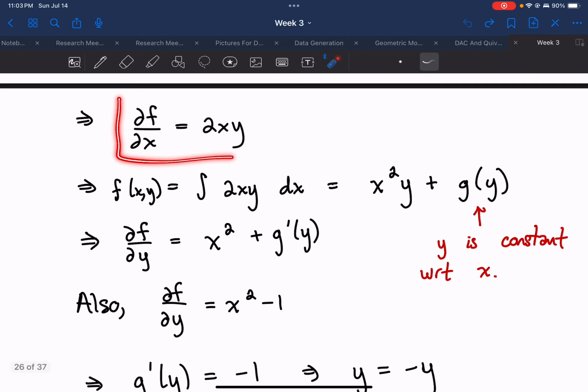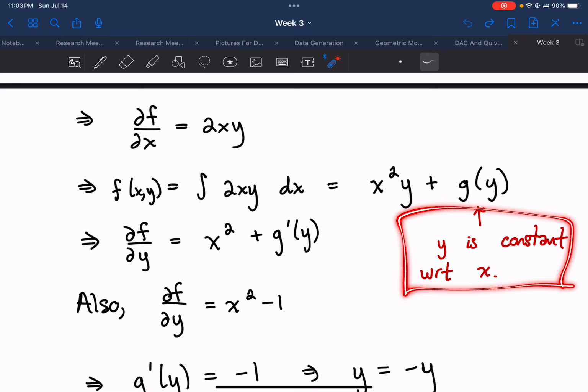Since the partial of f with respect to x equals 2xy, then f should be the integral of this dx. When we integrate this dx, we get x squared y, and then we tack on some function of y alone. Why do we do that? Because y is constant with respect to x.